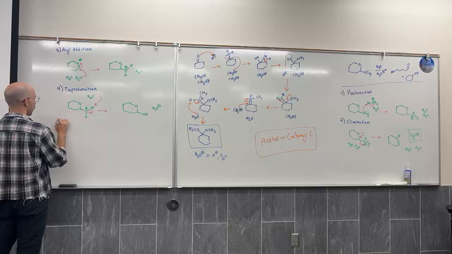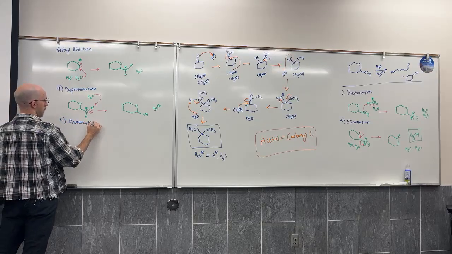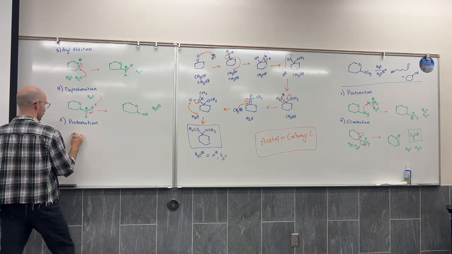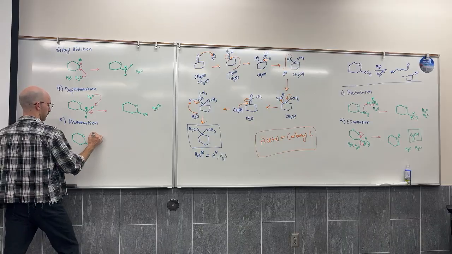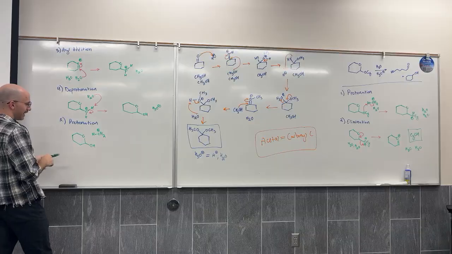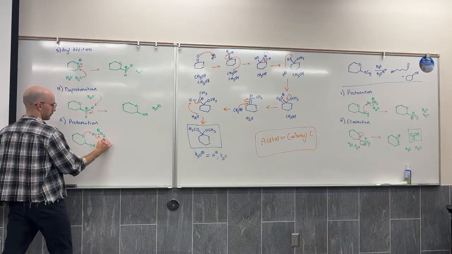Well, now that I've reformed my acid, I should look for a way to protonate something. If I protonate that OH, I just reverse the step that I just did. So I'm not going to protonate the OH, I'm going to protonate the ether of the acetal.